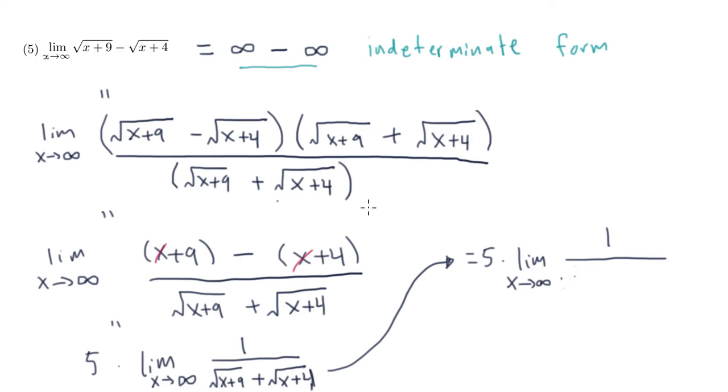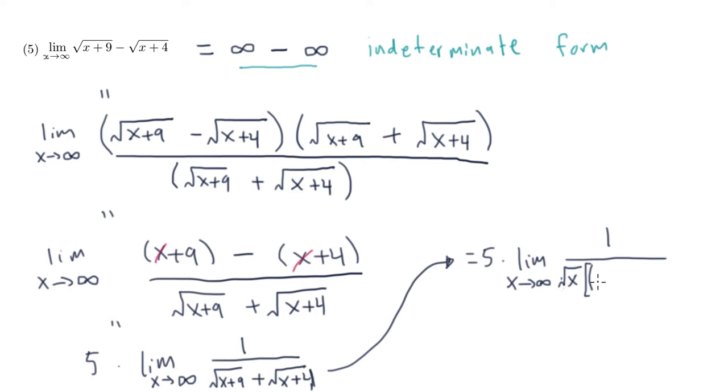Okay, but the way I have to do this is a little tricky. So I'm going to factor out a square root of x, and then what am I going to be left with? Well, in the first term, I factored out a square root of x, but I also factored out a square root of x from the 9.